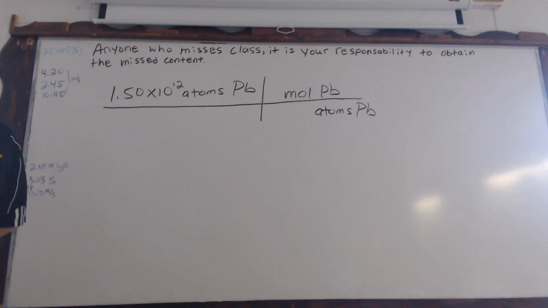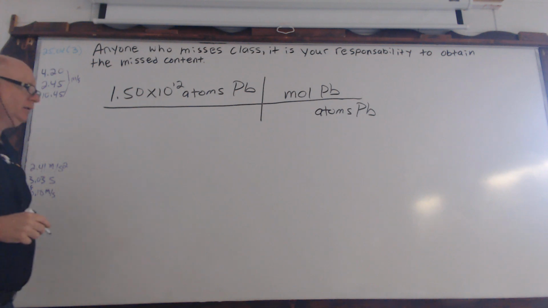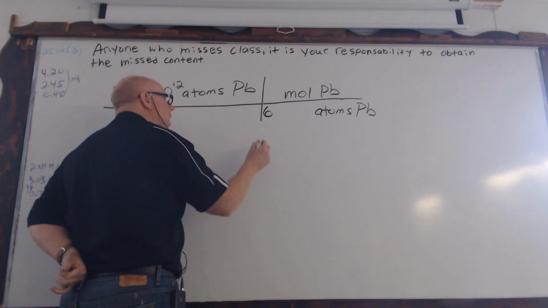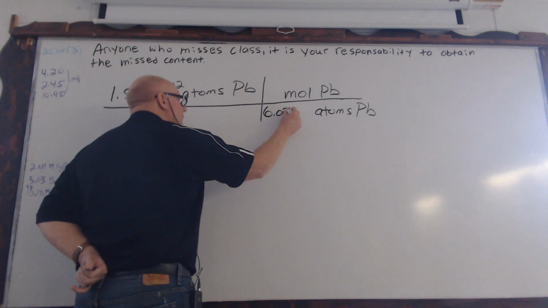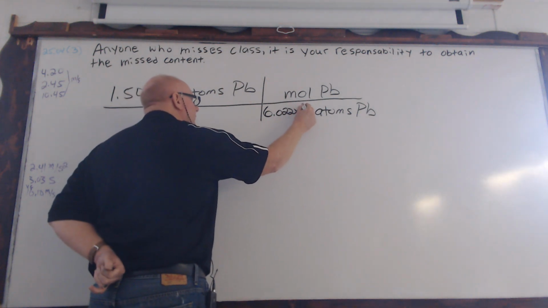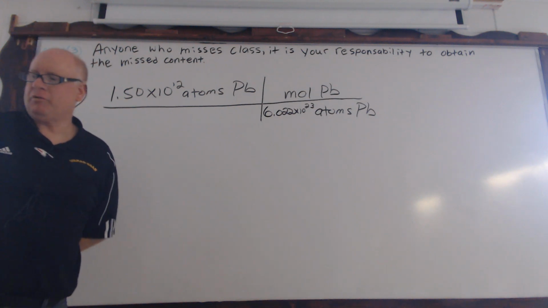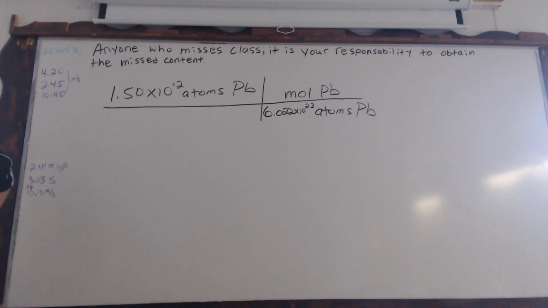Is it Avogadro's number? 6.022 times 10 to the 23rd. That is a constant, just like 3.14 is a constant, 9.8 is a constant. So Avogadro's number to find the atoms. We talked about that yesterday.